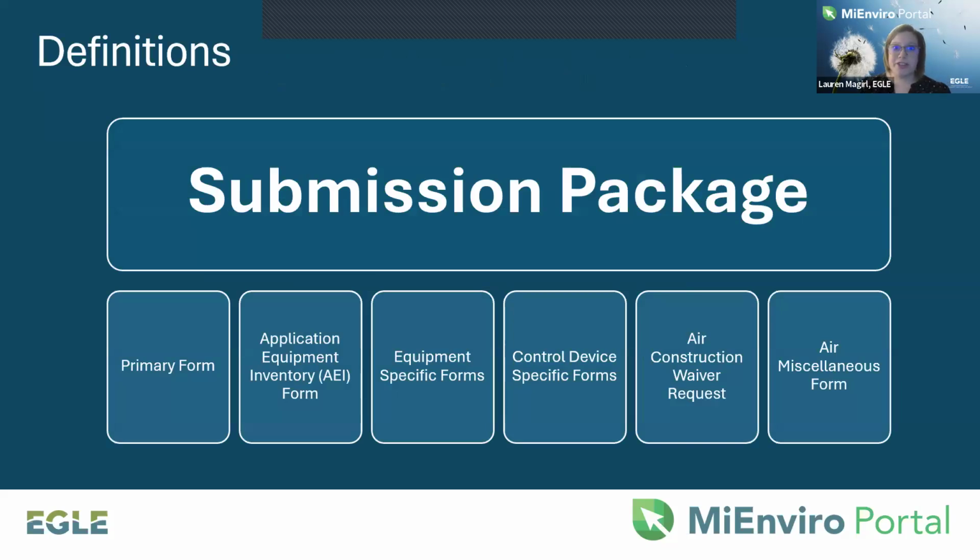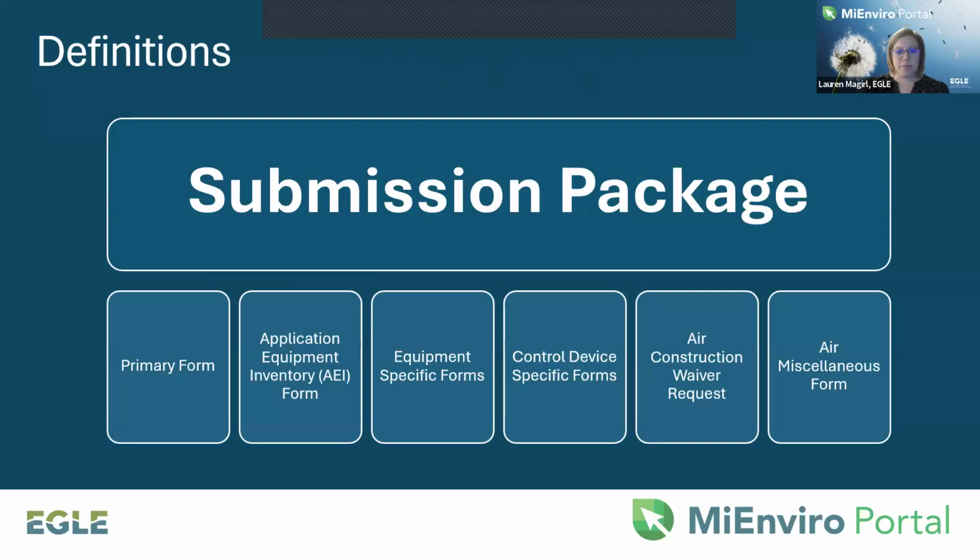So let's go over some definitions since this is all new to us. As I mentioned, we'll have a submission package within MiEnviro instead of our paper application form. So what is a submission package? What is this going to look like for us? A submission package has multiple forms included in it. There are 2 required forms for all PTIs.